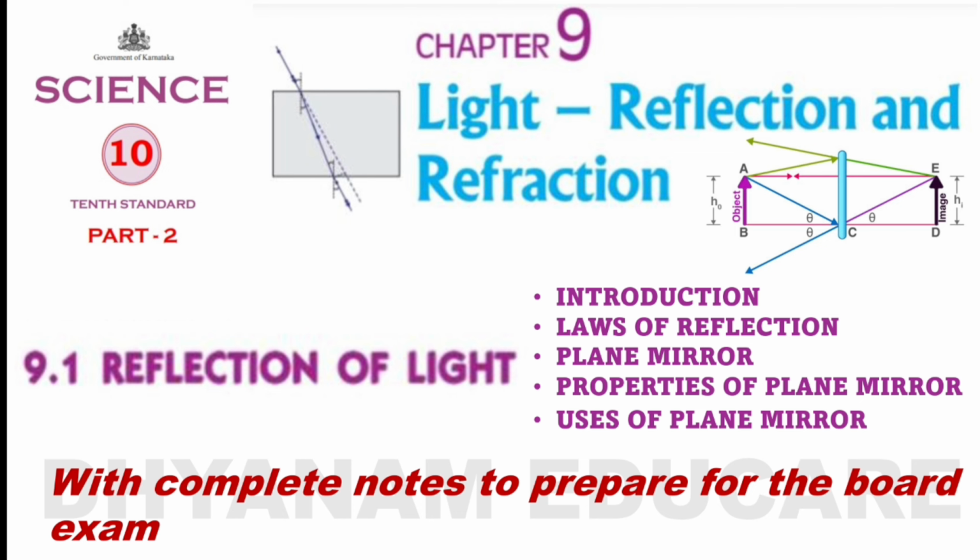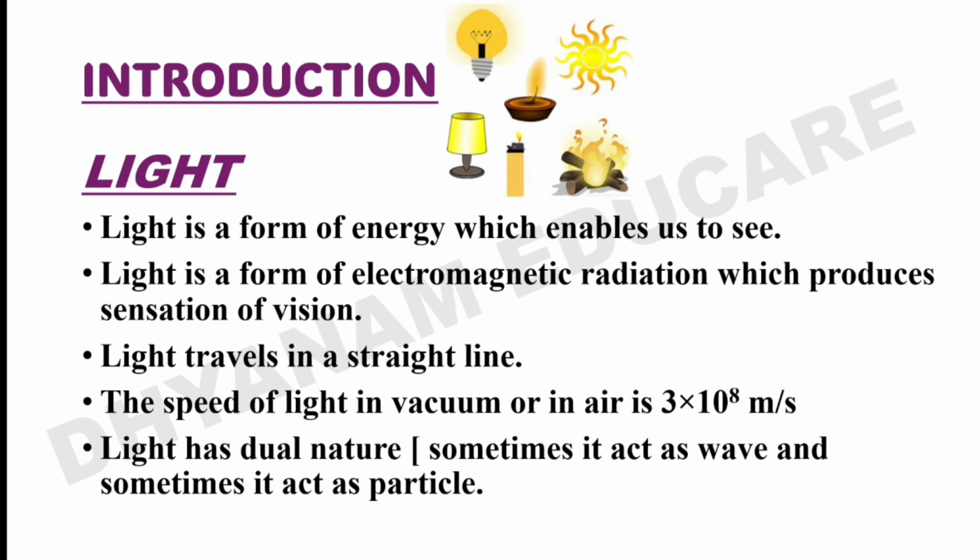So, what makes the things visible? Light, isn't it? Yes. During the day, the sunlight helps us to see the objects. So, what is light? Light is a form of energy which enables us to see.